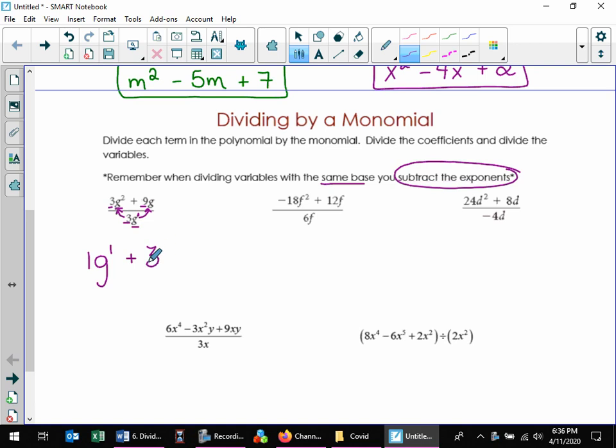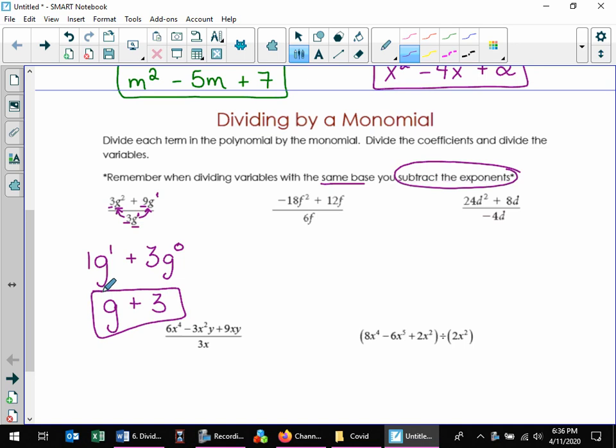Keep the g, and now I have 1 minus 1 gives me 0. That's weird, but we know anything to the exponent of 0 has a value of 1. So I'm going to rewrite this as g plus 3. So that is my answer.